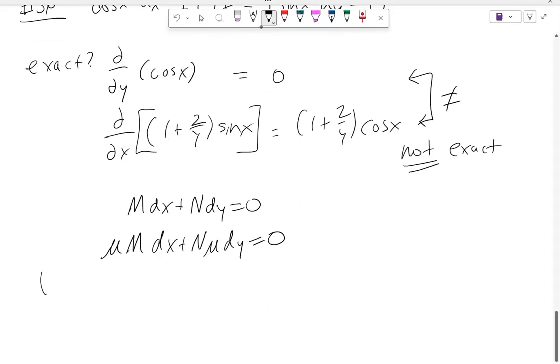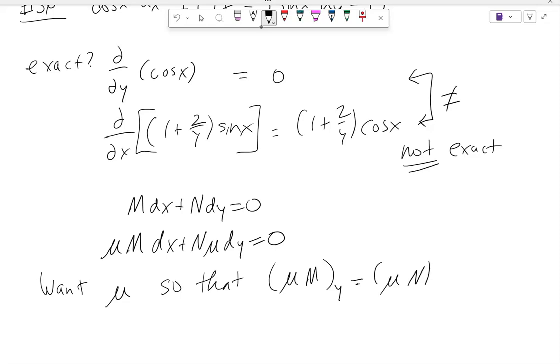We want mu so that when I take the partial of mu times m with respect to y, we need that to equal the partial with respect to x of mu times n. We want it to be exact. That's the condition for being exact, right? I don't want to just multiply by random things and see if it works. I want a specific function that will do the job. Okay?